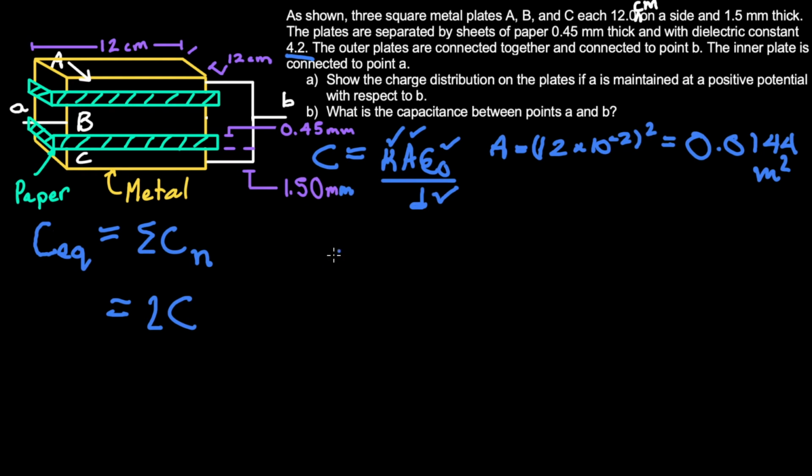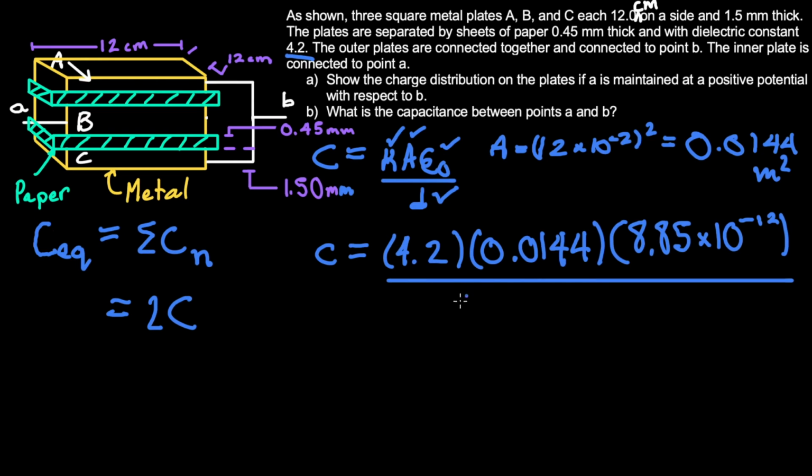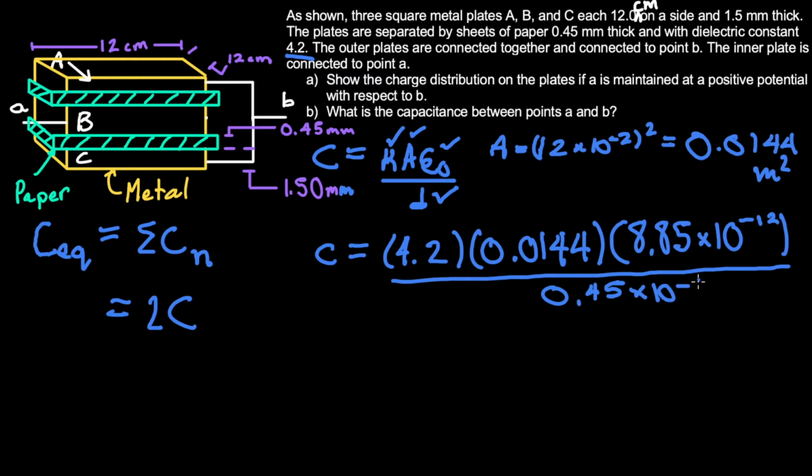And so to calculate our C now, let's simply go 2, or rather our kappa 4.2 times the area, which is 0.0144, times our epsilon naught, which is 8.85 times 10 to the negative 12, and then all over 0.45 times 10 to the negative 3.